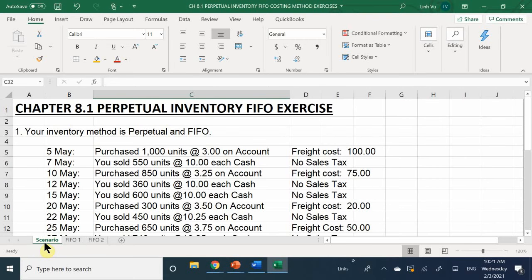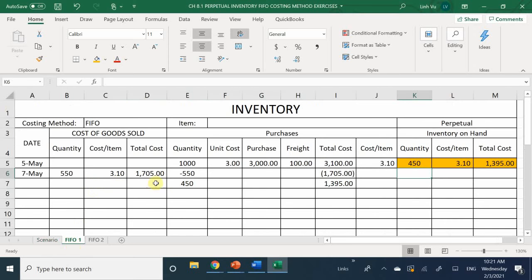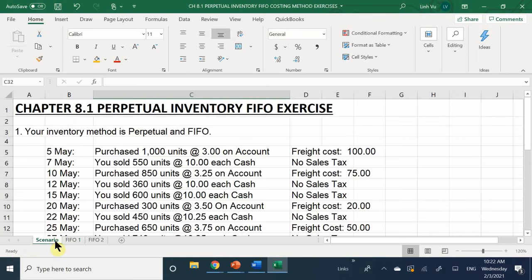So here we now have on May 10th, we purchased 850 units at $3.25 each with a freight of 75. Okay, so now we're going to go to our inventory worksheet. So 850 at $3.25 each with a freight of 75.